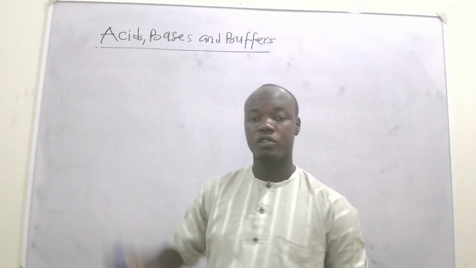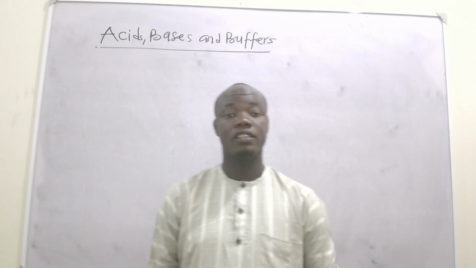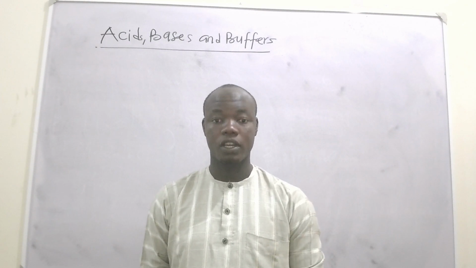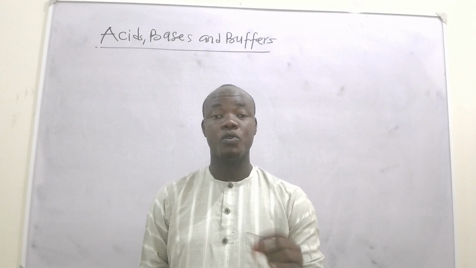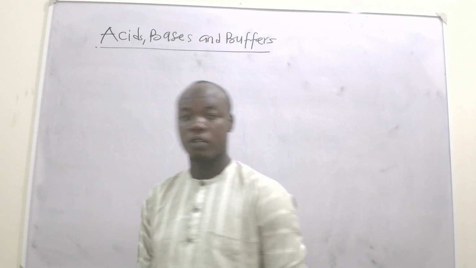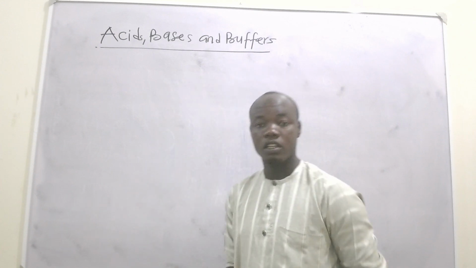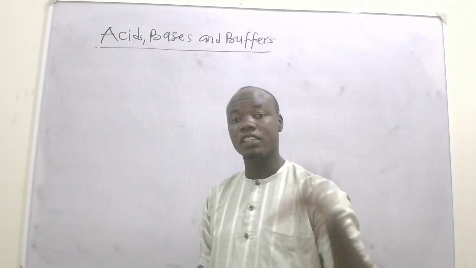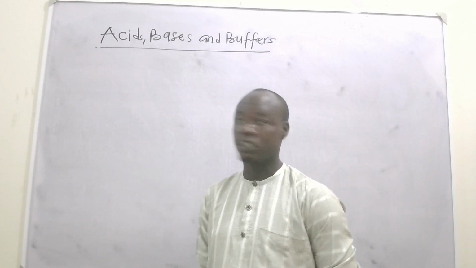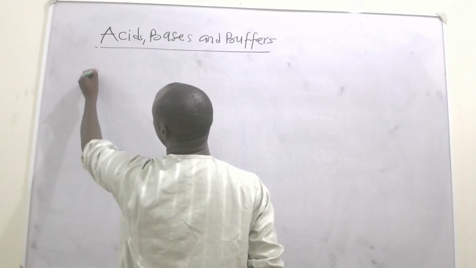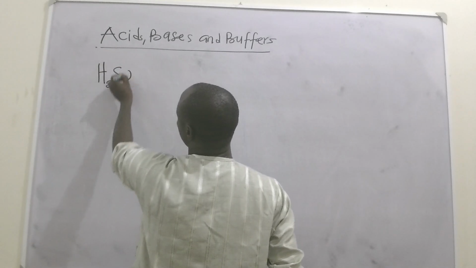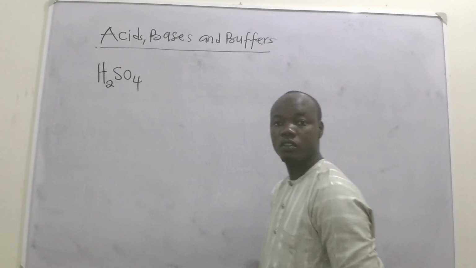So according to the Arrhenius definition, he defined an acid as a substance that produces hydrogen ion in a solution. As an example, let's say we have H2SO4.